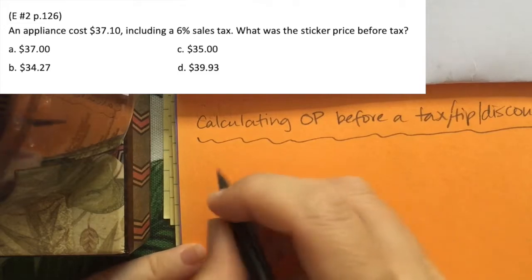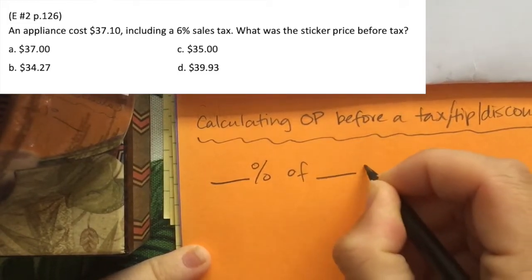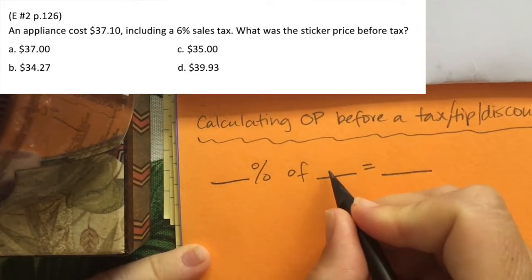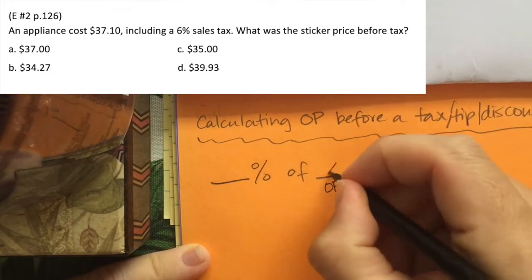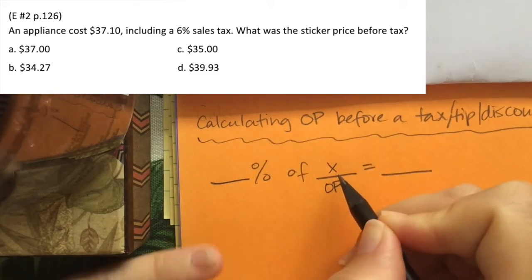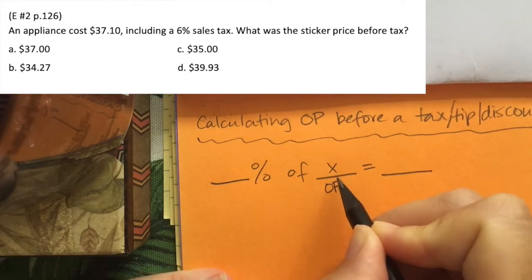So we're still going to use our percent of a number setup, okay? What goes here is always, always, always the original price. Okay, that is what we are trying to figure out in these problems. So for these problems, your X always goes here.